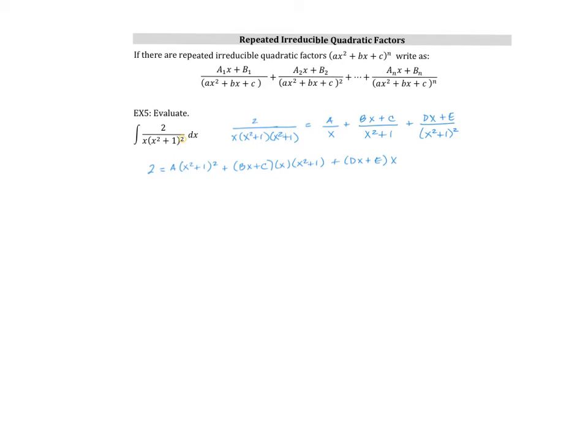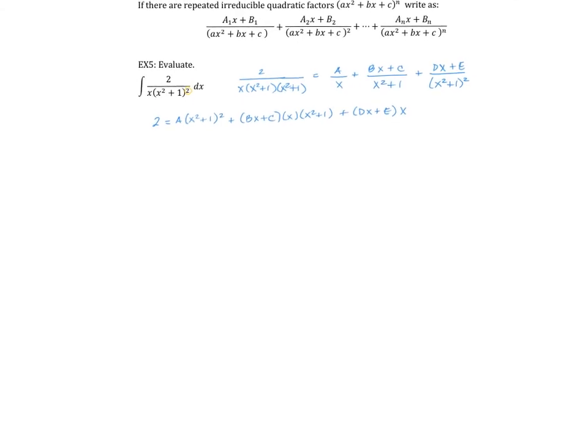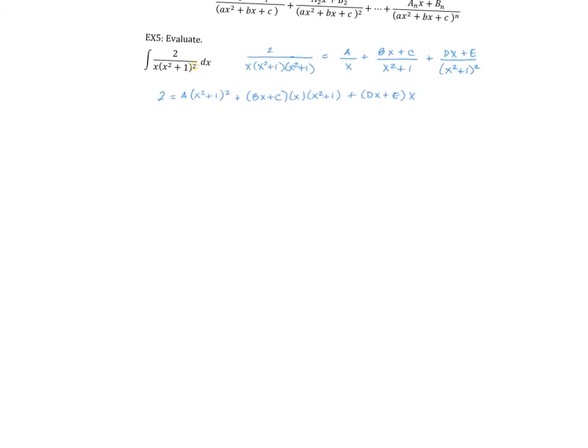In this case, I think I'm going to jump right into method 2. Ooh, that was shaky. And combine like terms. This is A times x to the 4th plus 2x squared plus 1.